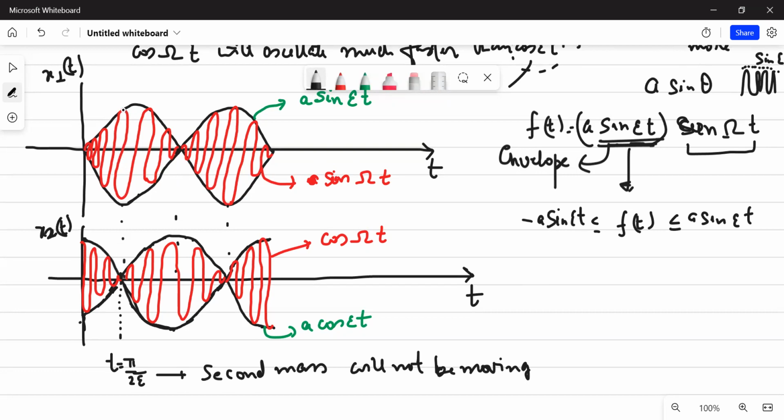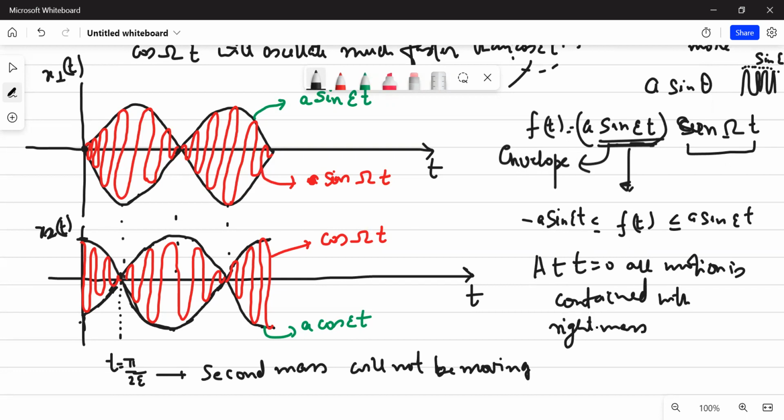Yes, sir. Okay, is that clear? So at the very start, that is at t equal to 0, only your second mass was moving. Your first mass was not moving. That is, x1 at t equal to 0 was 0. But x2 at t equal to 0, you can see all the motion is contained with the right mass.